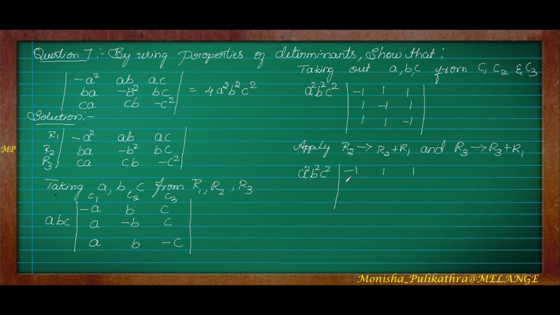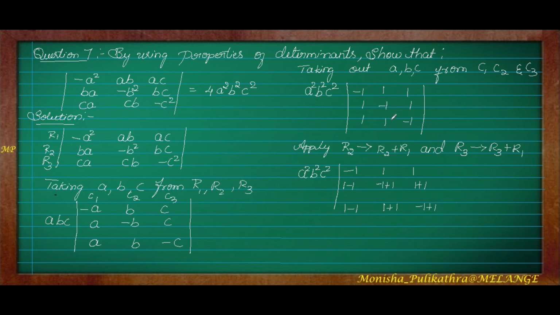R2 is equal to R2 plus R1. Here R1 is minus 1, here minus 1 plus 1, and here 1 plus 1. Again, R3 is equal to R3 plus R1 itself. So it will become 1 minus 1, 1 plus 1, minus 1 plus 1.